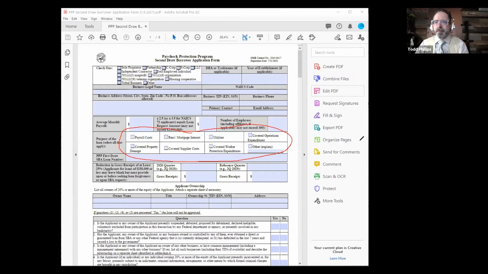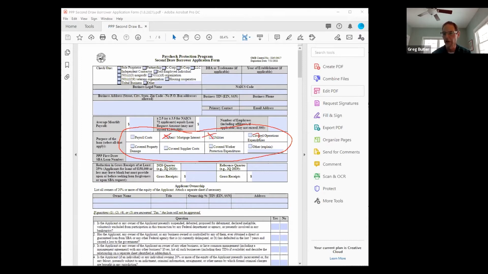Yeah, Todd, good point. As you know, we talked about on another webinar, the Consolidated Appropriations Act changed the law and said, if you got a first draw PPP, you're now also eligible for the employee retention credit, which is great news. As part of that, they also said, by the way, you can't use the same wages for both programs. So that has made these other covered PPP costs more important.